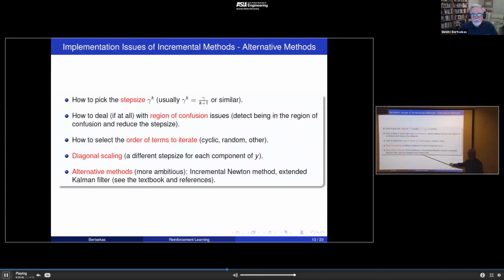And the extended Kalman filter, which comes from control theory, has also been used to solve these least squares problems. There's a lot more literature here, and I'll refer you to the references in your textbook. However, the methods that I have described are the ones that are used most often.